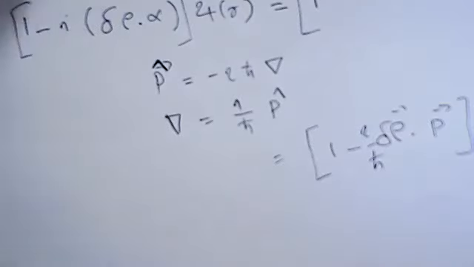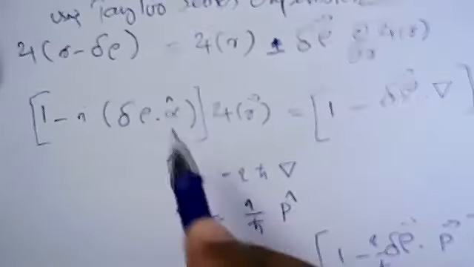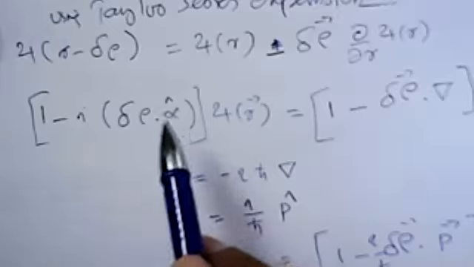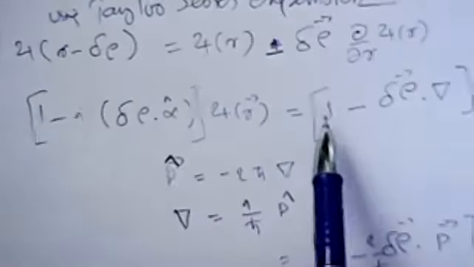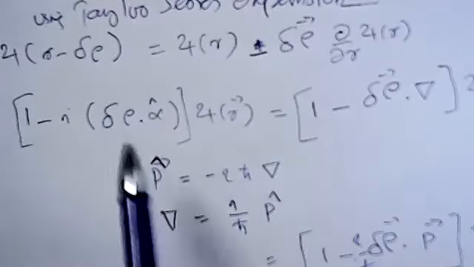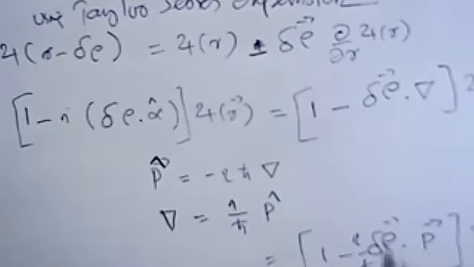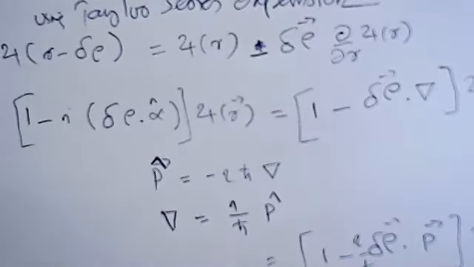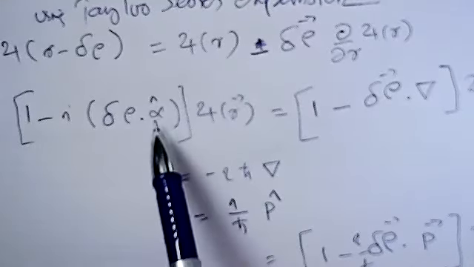So now compare both the sides. Compare LHS and RHS. So you can see that what is alpha. So this left side is alpha operator. So one is same, one is same. I is same, I is same. Delta rho same, delta rho same. Psi of r is same, psi of r is same. So what is alpha?